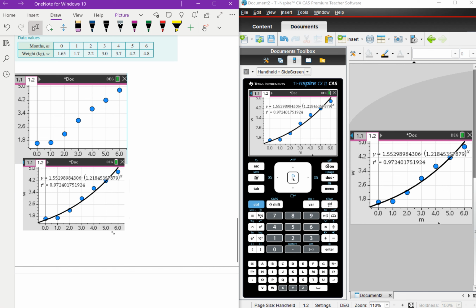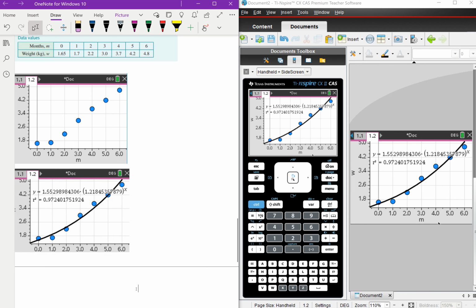This is the modeled equation, and so based on the data we have, the best model there is weight will equal to 1.5529.